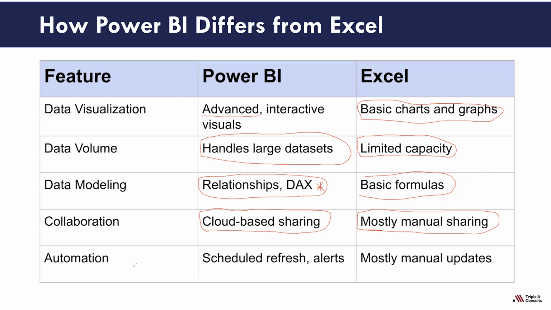Also, you can do a lot of automation with Power BI, especially with Microsoft Fabric that we have these days. So you can schedule refresh, do some alerts, and if you're also very good with Power Platform, which is something we'll also try and talk a little bit about, that can also help you. But in the case of Excel, you just have to do some manual refresh.